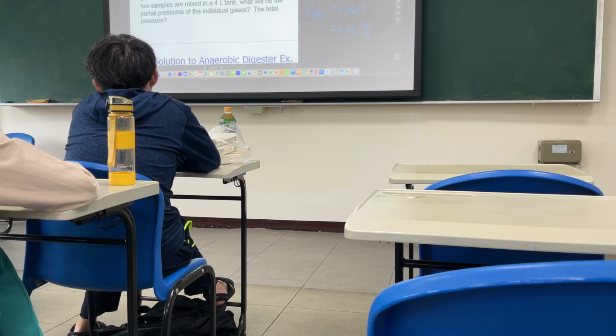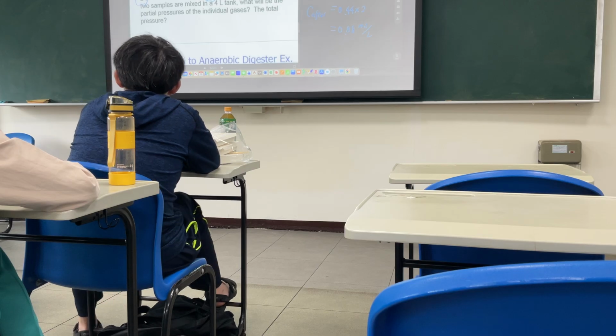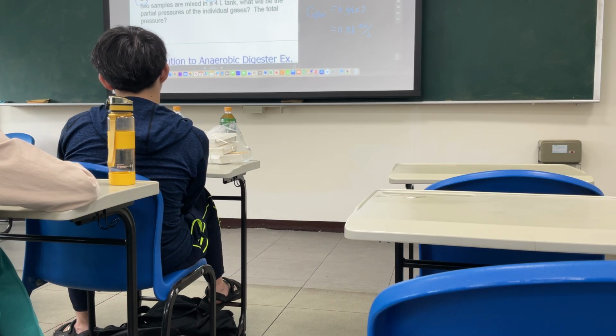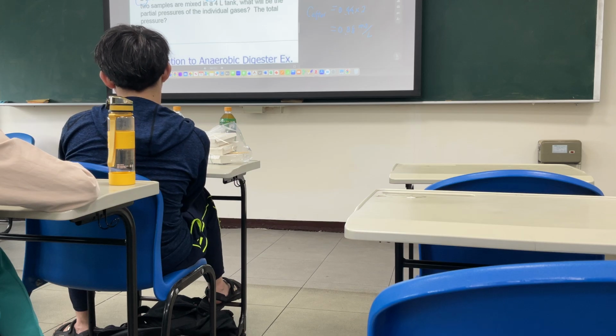There are currently 2 liters of methane gas at 1.5 atm and 1 liter of carbon dioxide at 1 atm in the lab. If these 2 samples are mixed in a 4 liter tank, what will be the partial pressures of the individual gases? And what is the total pressure?